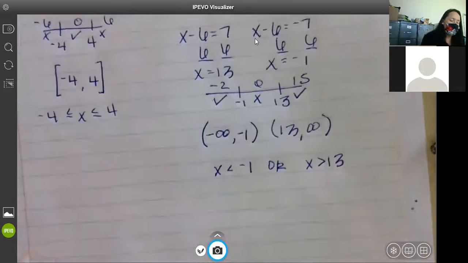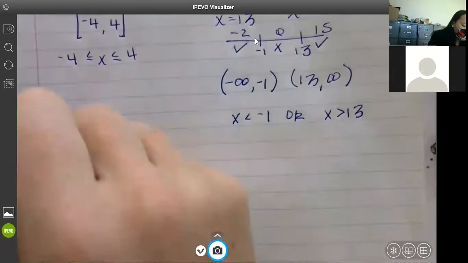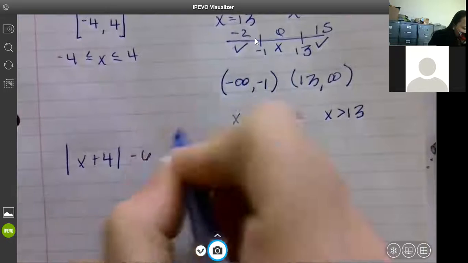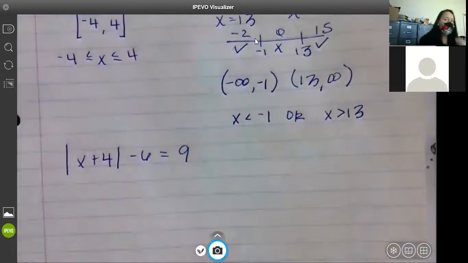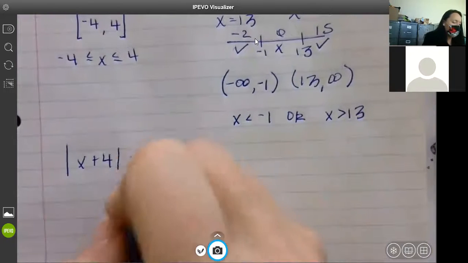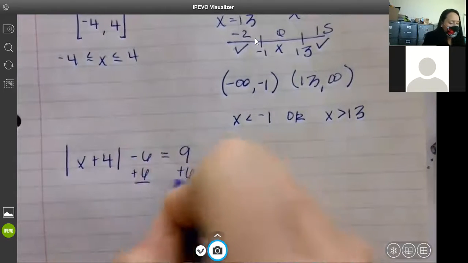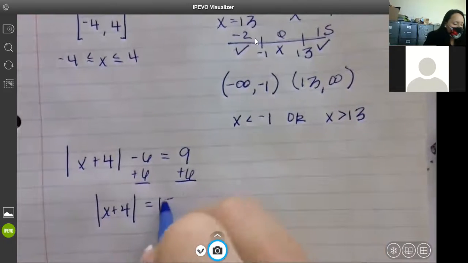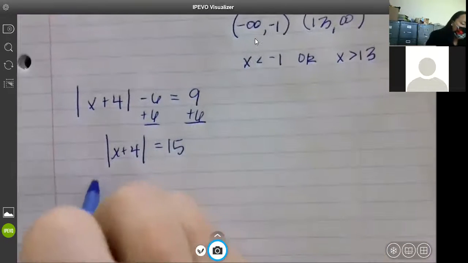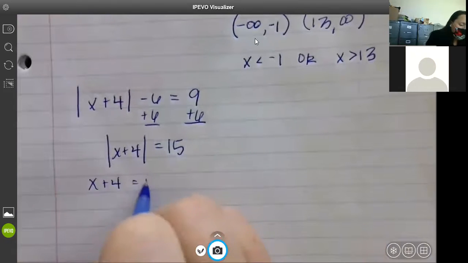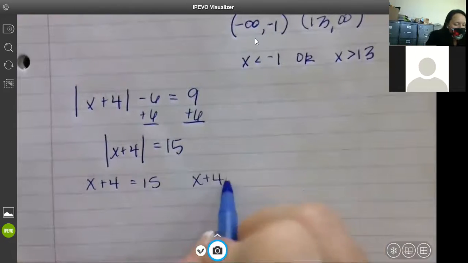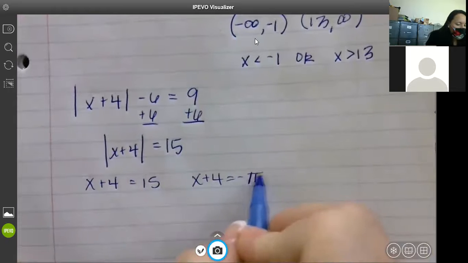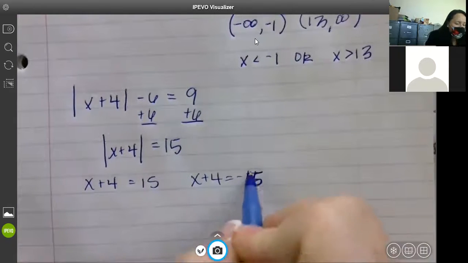Just to remind you, if you're doing absolute value equations, which you're going to have some of those today, you just do the same thing. We just don't have to test values. So we get the absolute value by itself. 9 plus 6 is 15. You set up two equations, positive and negative.